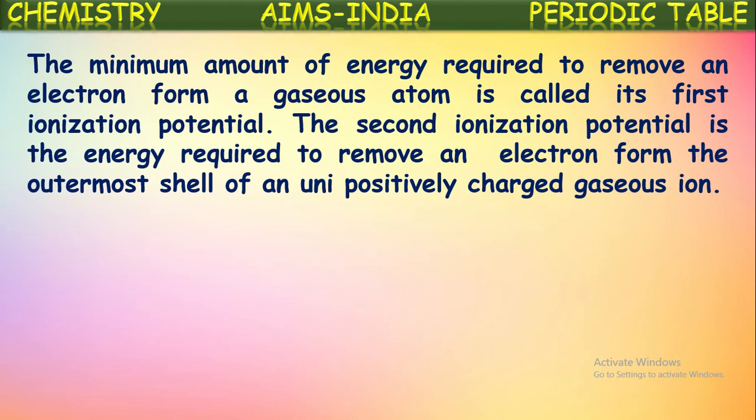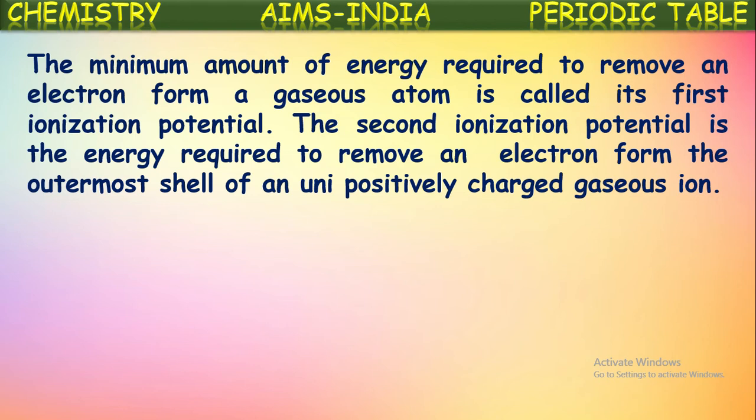Ionization energy means the minimum amount of energy required to remove an electron from the outermost orbit of an isolated neutral gaseous atom. This is also called the first ionization potential.